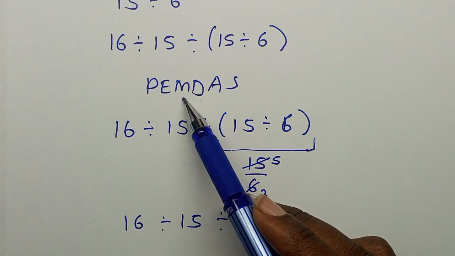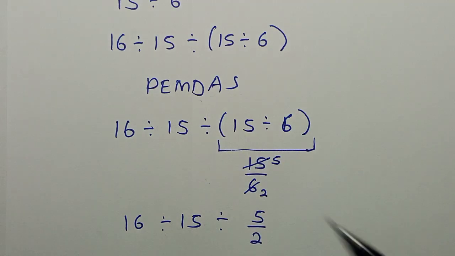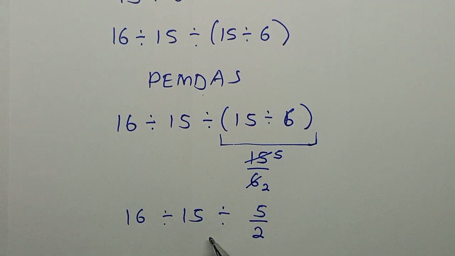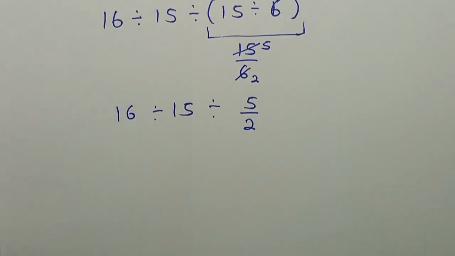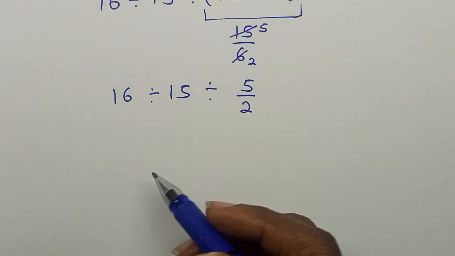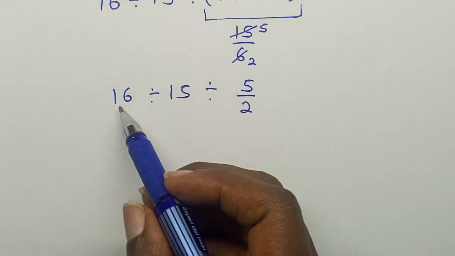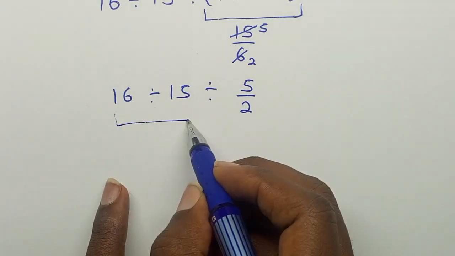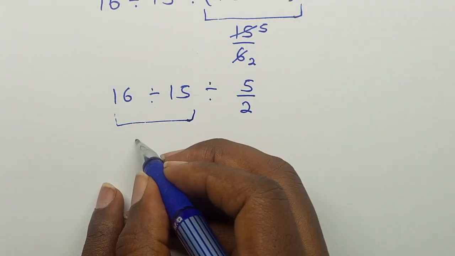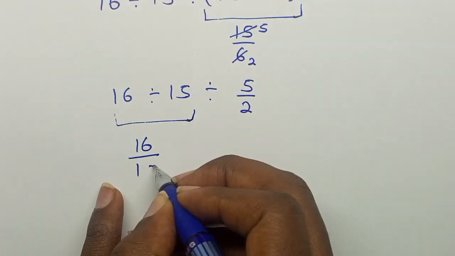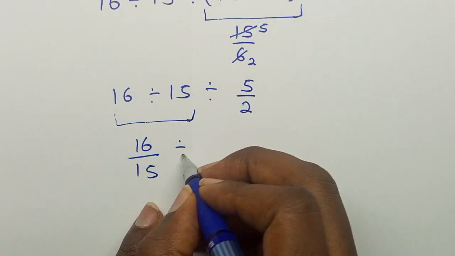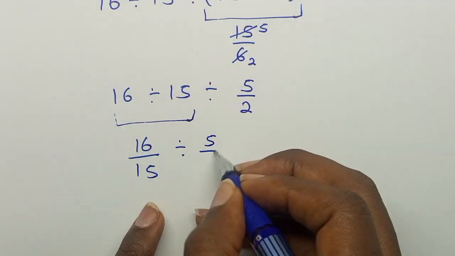What's next is multiplication and division. In this case, we have division here and here. So now we have to work from left to right, not however way we want. We always have to move from left to right. So we shall work out this first: 16 divided by 15, then divide by 5 over 2.